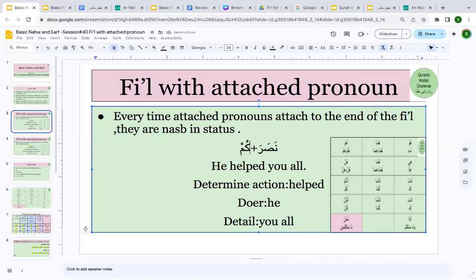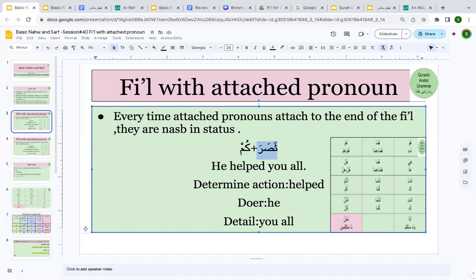So whosoever has never answered in a while, I would like those people now to take advantage of this opportunity where we are going slow and they are able to tell me what will be the pronoun in the word nasara. You are seeing noon, sad, ra, and there is nothing there. So what do you think is going to be the pronoun? Sister Rashida, you have unmuted yourself.